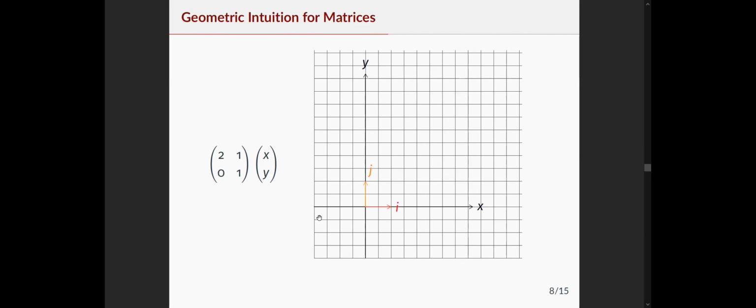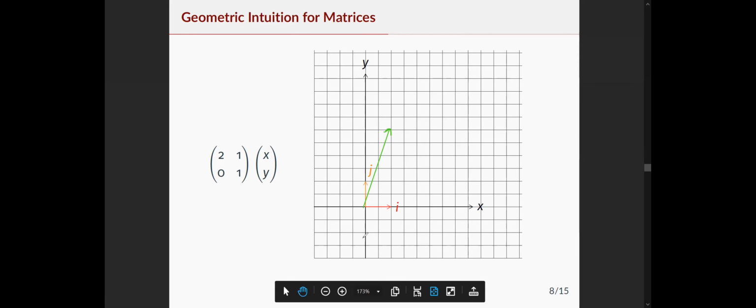Let me do an example. If you have, for example, (1, 3), so you have 1 in the i direction and 3 in the j direction, you'll get this vector right here.